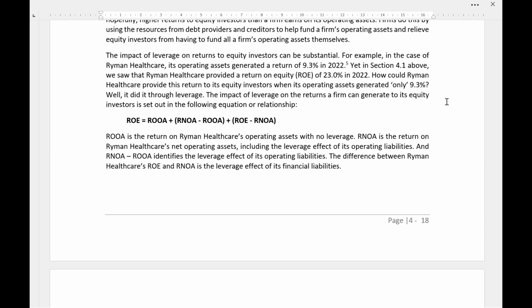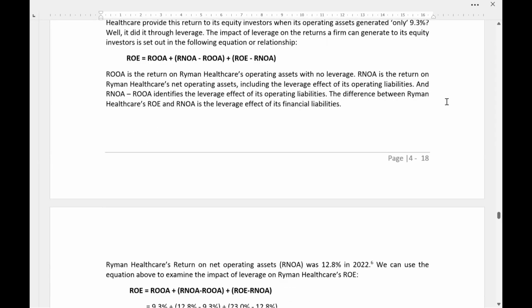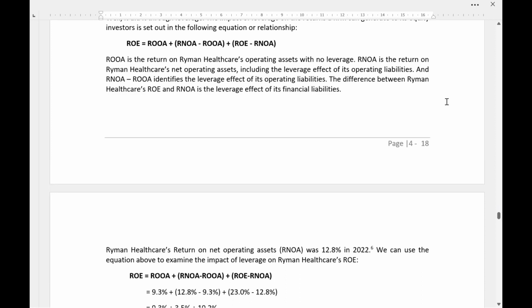ROE, return on equity, equals return on operating assets, ROOA, plus, in brackets, return on net operating assets minus return on operating assets, close brackets, plus, open brackets, return on equity minus return on net operating assets, close brackets. Return on operating assets is the return on Ryman Healthcare's operating assets with no leverage.